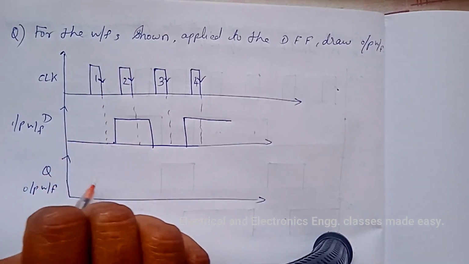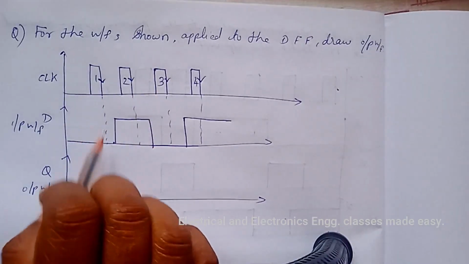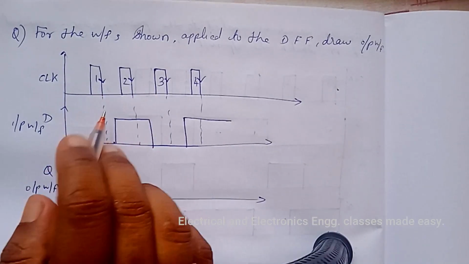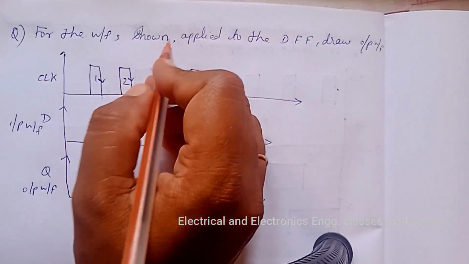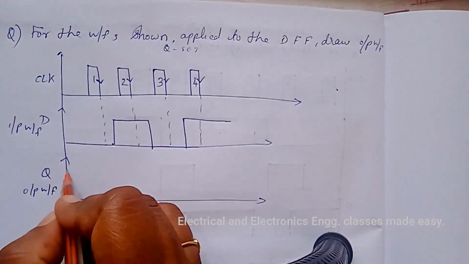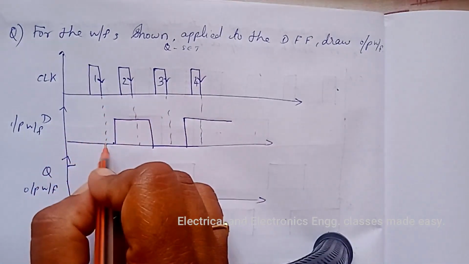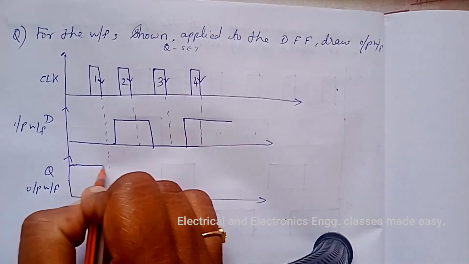So the state transition takes place at the negative edge of the clock pulse. So assume initially Q is set. So Q is high up to the negative edge of the clock pulse.